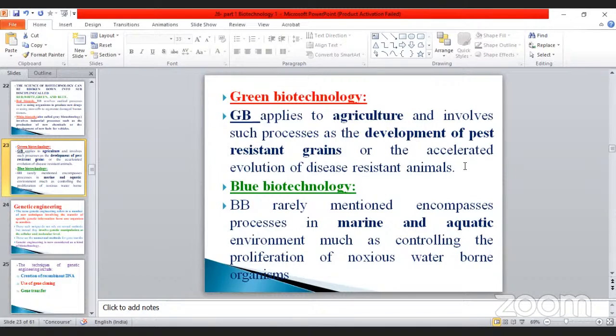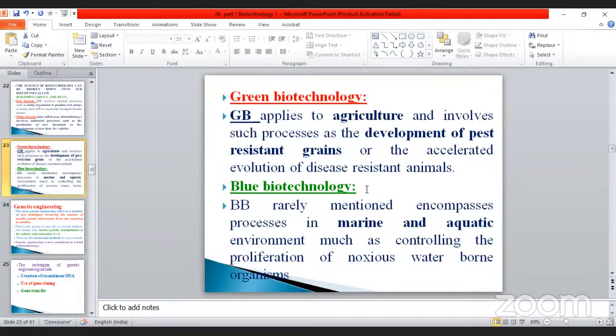That's why it is mostly used in marine and aquatic environments, such as controlling the proliferation of noxious waterborne organisms, noxious, otherwise called toxic. Unwanted microorganisms and unwanted animals present in it are reduced, particularly waterborne and aquatic organisms. Otherwise they will destroy the aquatic atmosphere, so they can be completely removed with the help of the technology.